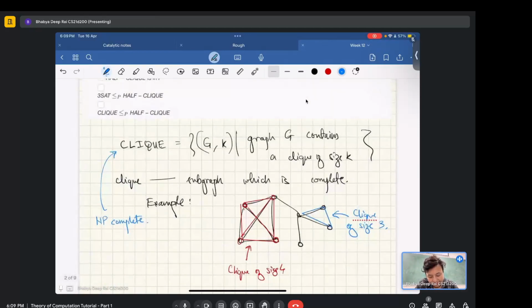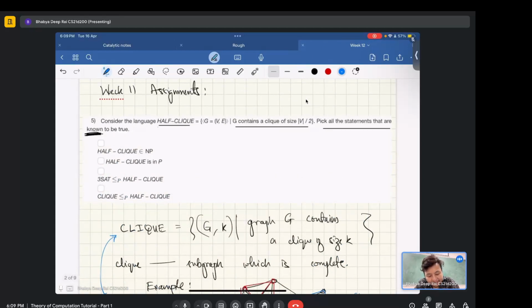So now what we are talking about is a variant of click, which we are calling half click. As the name suggests, what may it be? It does not take a k this time. It says: give me any graph G, and I'll tell you whether it has a click of size V by 2, which is half of the number of vertices.